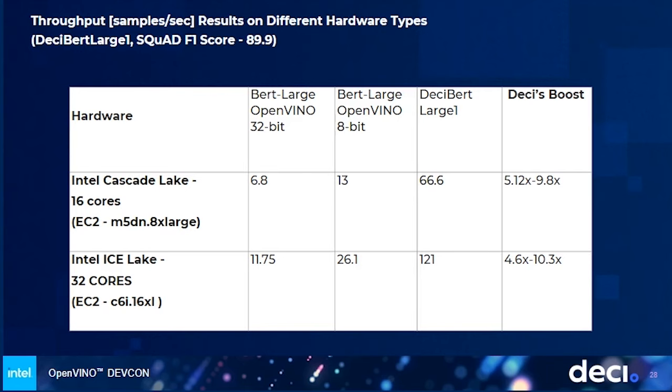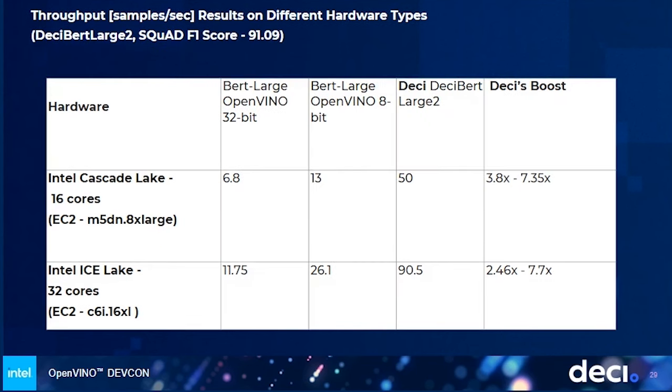And on the other model, DeciBERT large 2, which is more accurate but not as fast as DeciBERT large 1, we still get an impressive performance boost: 7.7 times faster on 32 cores versus the 32-bit baseline, and 2.46 times faster in the 8-bit.